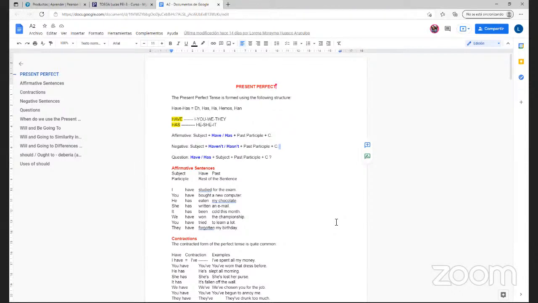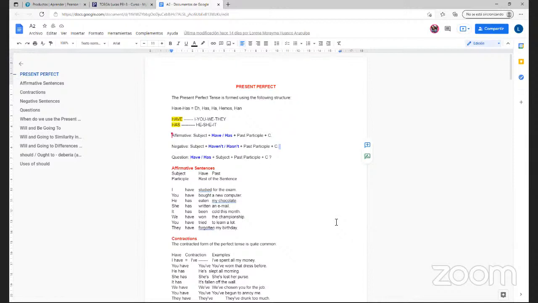For example, we have here have and has, right? These are the two auxiliaries. Have is gonna work only with these subjects, I, you, we, they, and has with the third person singular, he, she, it, okay? So we have to remember these structures for the sentences.